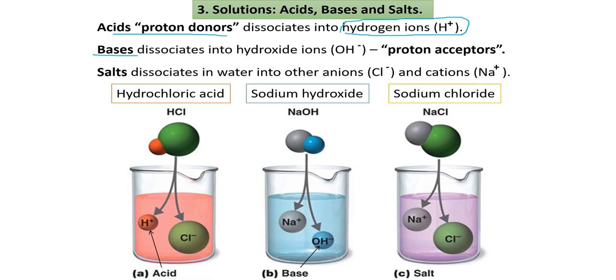Bases, if we mix them in the water, will dissociate into hydroxyl ions, hydroxide ions. The other name for bases is proton acceptors. Proton is the other name for hydrogen ions.